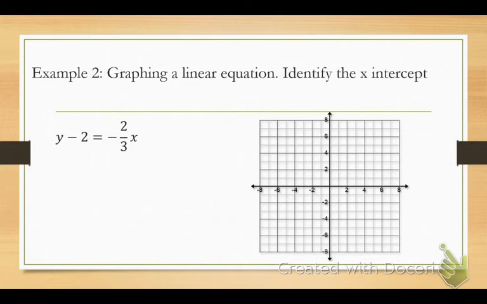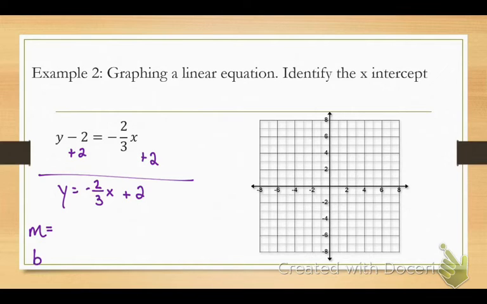What do I do? Add 2 to both sides. So now y equals, what do I bring down next? Negative 2/3 x plus 2. All right.